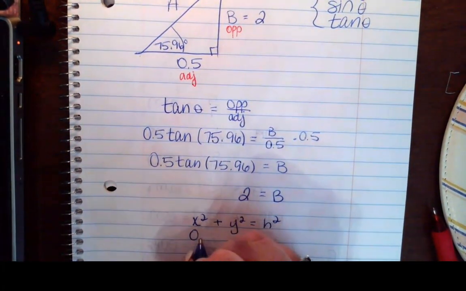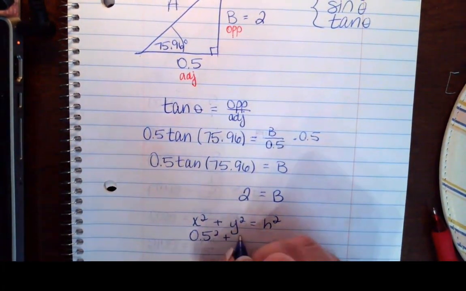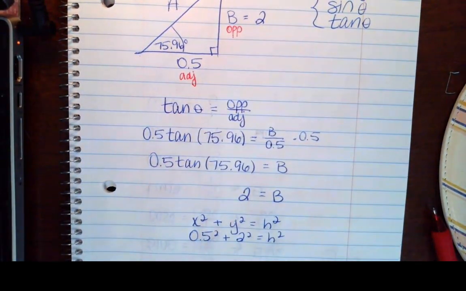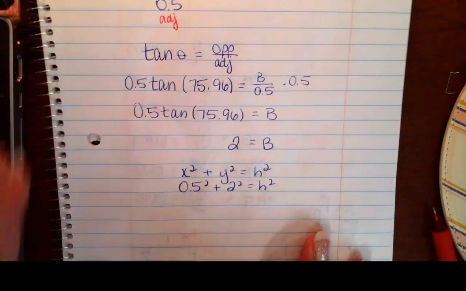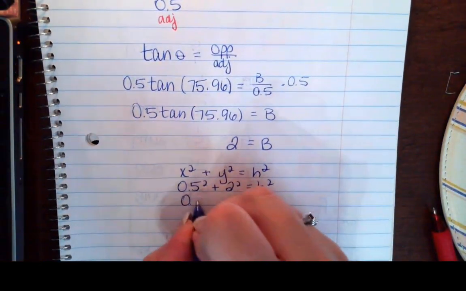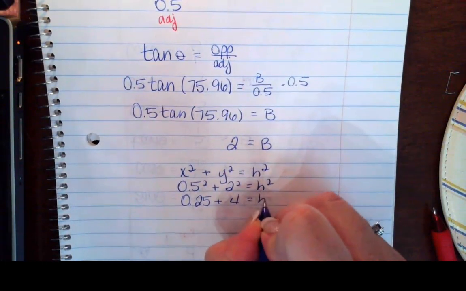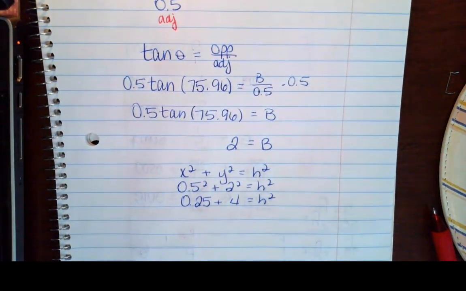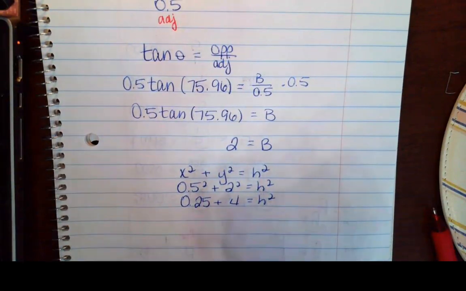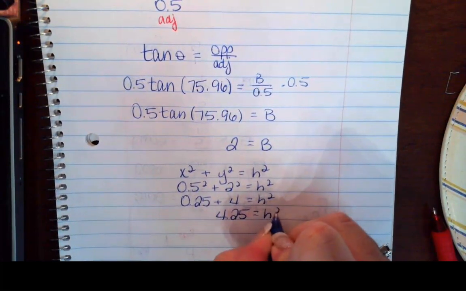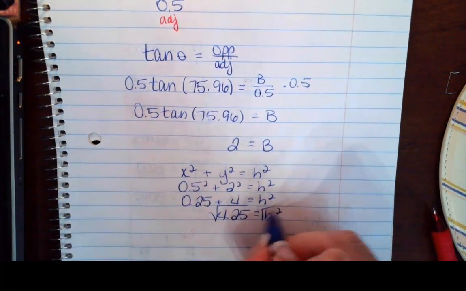That'll give me 0.5 squared plus 2 squared is the hypotenuse squared. So 0.25 plus 4 is the hypotenuse squared, and then I have 4.25 is the hypotenuse squared.